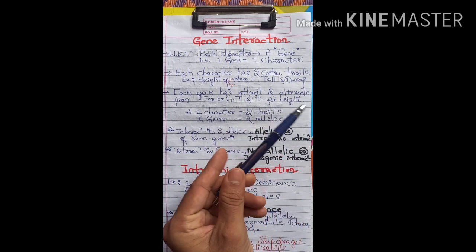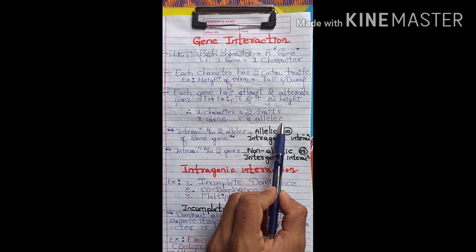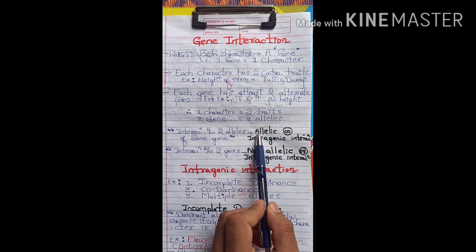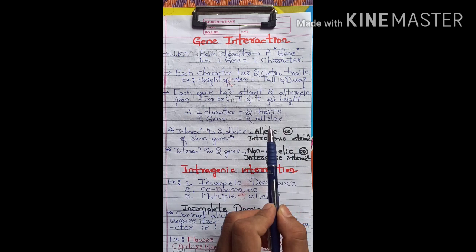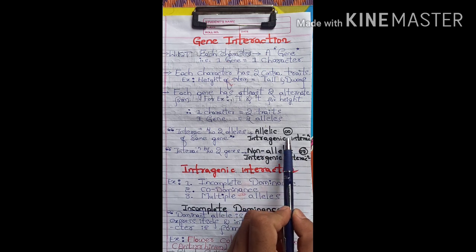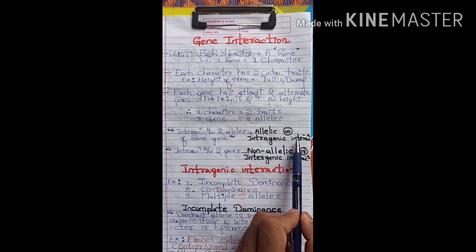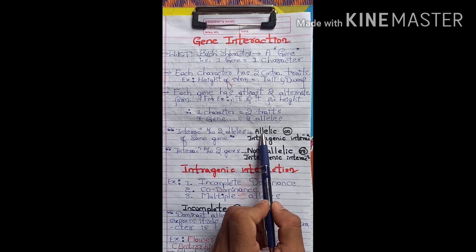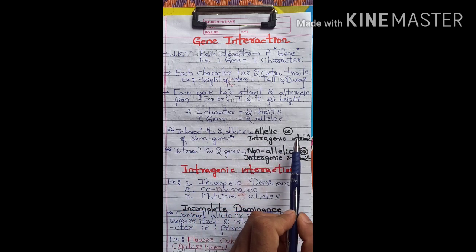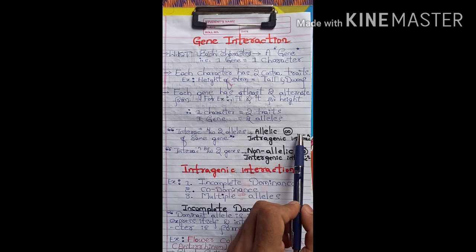When the interaction takes place between the 2 alleles of a gene, it is called allelic interaction. It is also called intragenic interaction. As the name suggests, when the interaction takes place between the 2 alleles, it is called intragenic interaction or allelic interaction.